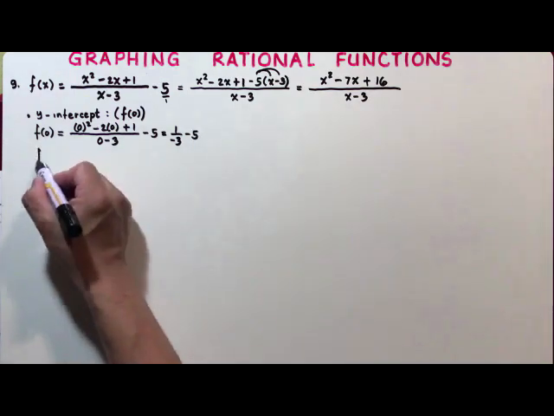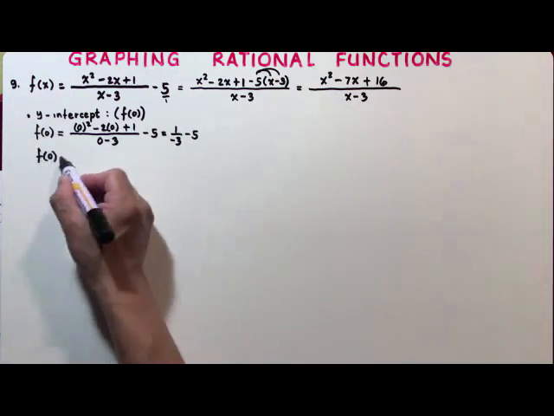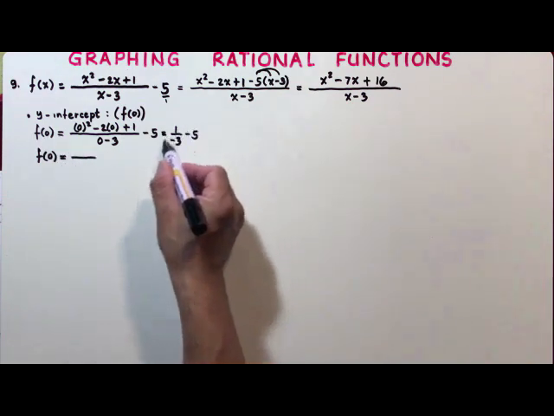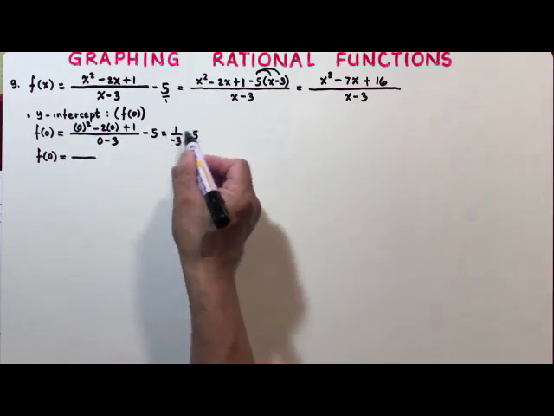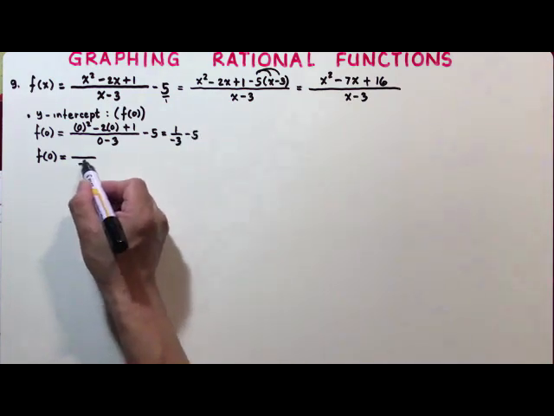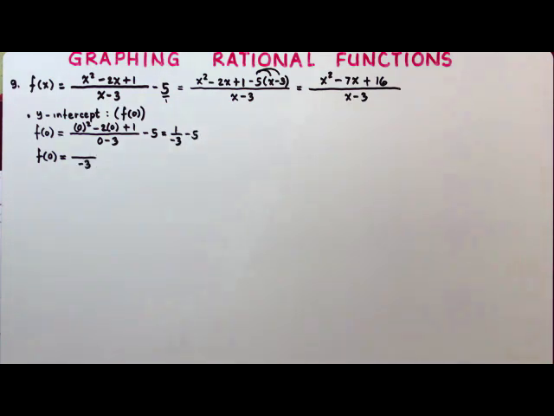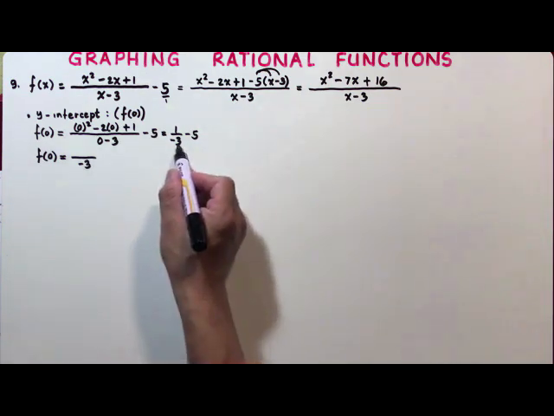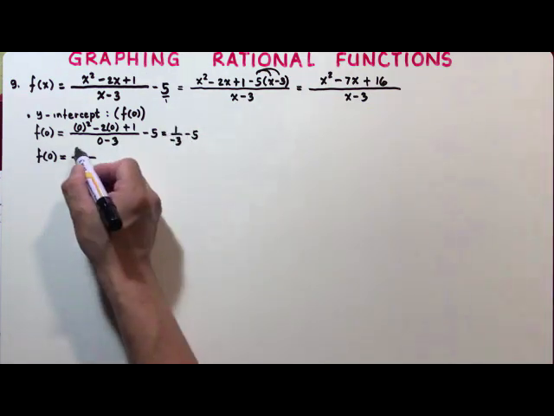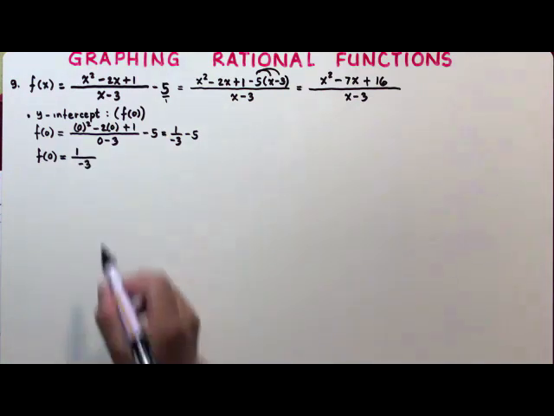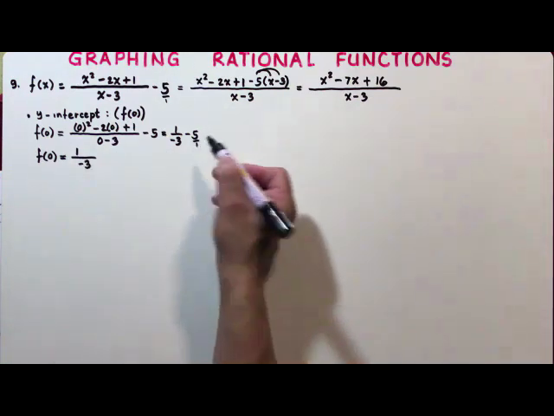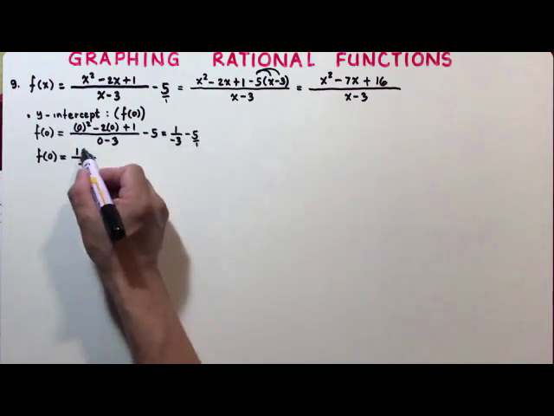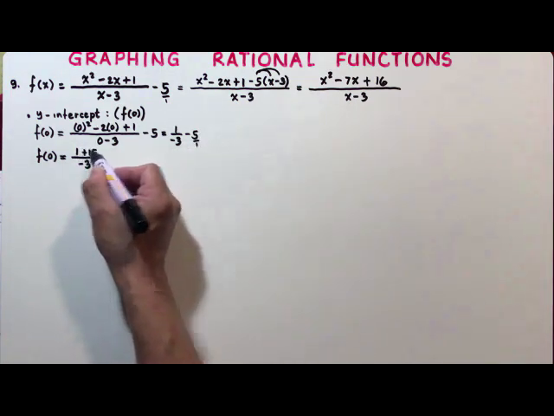So our f of 0 is equal to the combined form of this fraction and this constant by looking at the LCD, least common denominator. Negative 3 divided by negative 3 is 1, times 1, which is 1. And negative 3 divided by 1 is negative 3, times negative 5, that is positive 15.